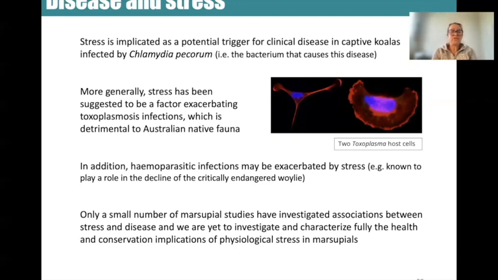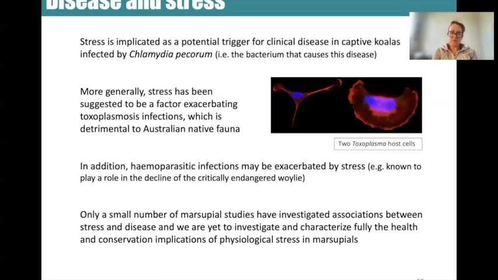More generally, stress has been suggested to be a factor exacerbating toxoplasmosis infections, which is quite detrimental to Australian native fauna, including marsupials. In addition, hemoparasitic infections may be exacerbated by stress. This is known to play a role in the decline of the critically endangered woylie.